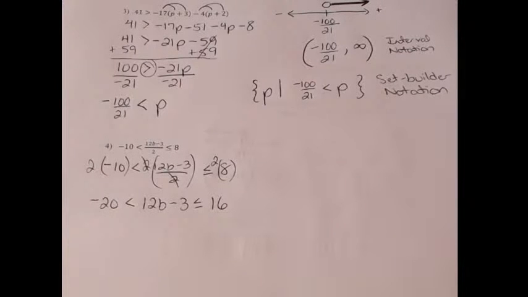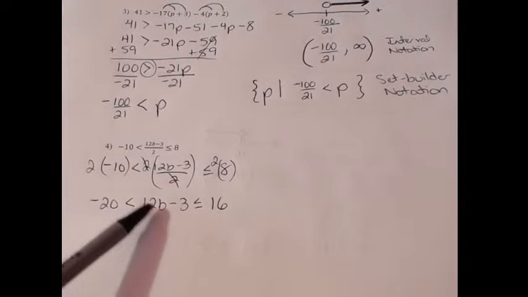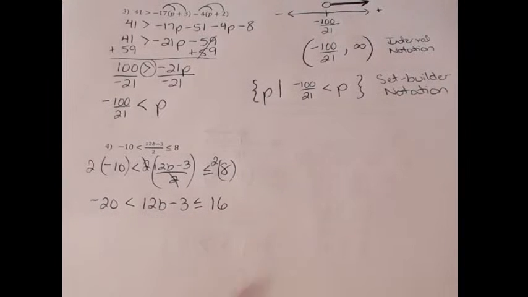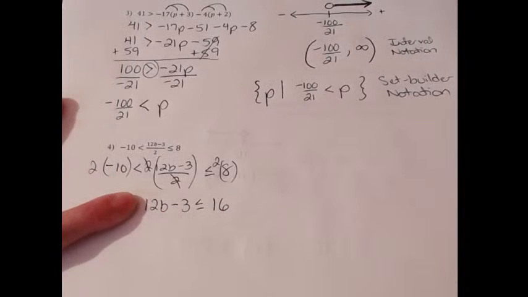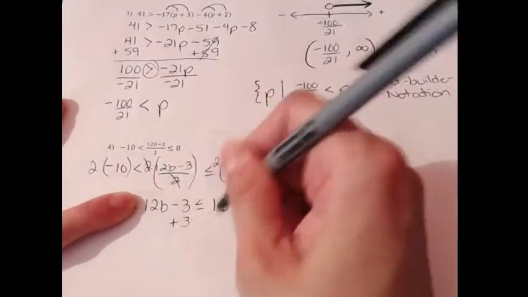Awesome. Now, when we are solving this compound inequality, our goal is to always get our variable by itself. So I start off by saying, I want 12b alone. 12b is currently attached to negative 3. That's a problem. If I were to cover up this side and I said, well, you have 12b minus 3 is less than or equal to 16, you would say, I know how to do this. I would add 3.